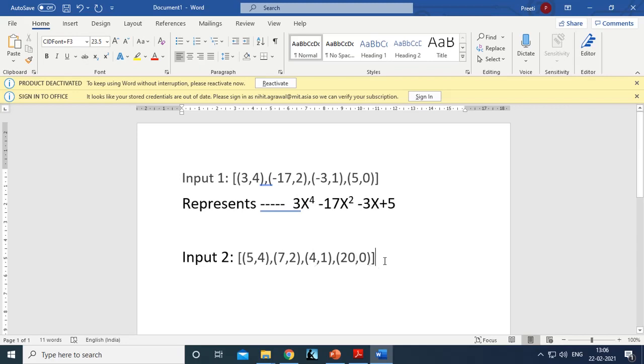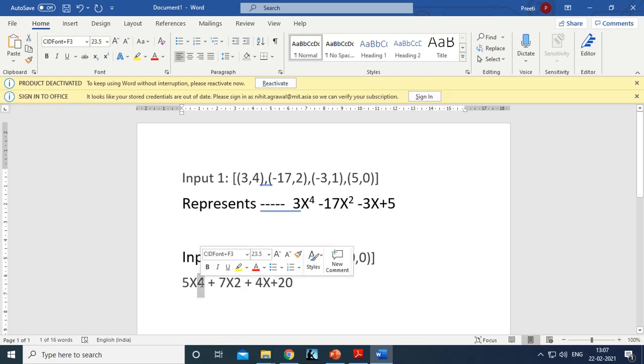So this input represents 5x to the power 4, I'll convert it into coefficients later on, plus 7x to the power 2 plus 4x plus 20. This is the representation of this particular polynomial. I will quickly convert it into polynomial terms. So these are the two polynomials.